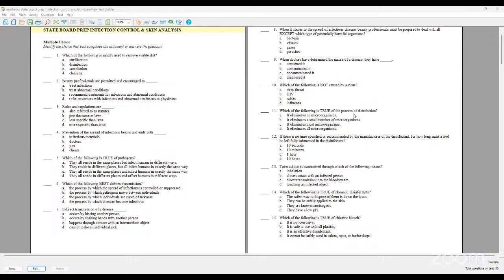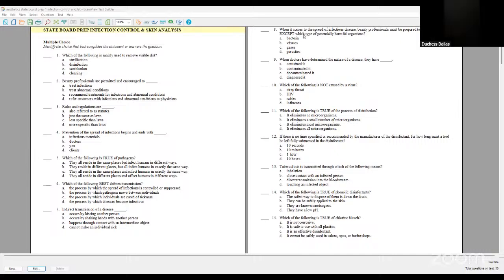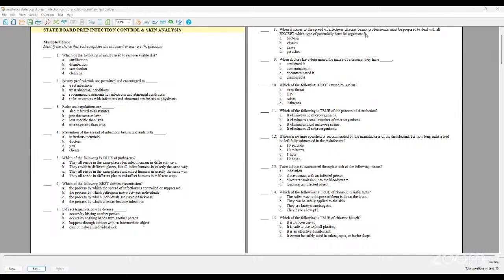Number 8, when it comes to the spread of infectious disease, beauty professionals must be prepared to deal with all except which type of potentially harmful organisms. A, bacteria, B, viruses, C, gases, or D, parasites.